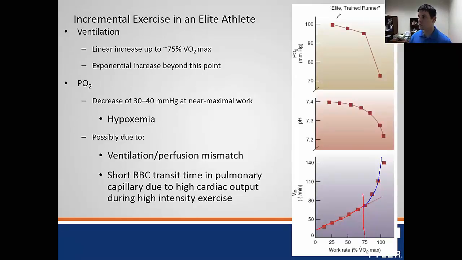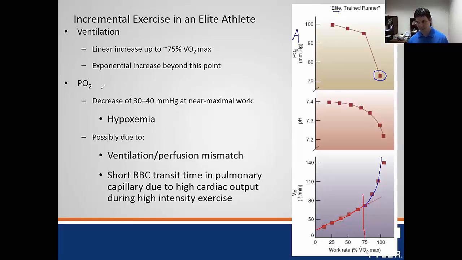One other thing that you'll note is this elite, and by elite, I mean truly elite, we're talking competitive athletes, they actually will get some exercise-induced hypoxemia. So what this is, arterial PO2, again, arterial here, arterial PO2 will see a stark decrease near 90 to 100% of VO2 max.